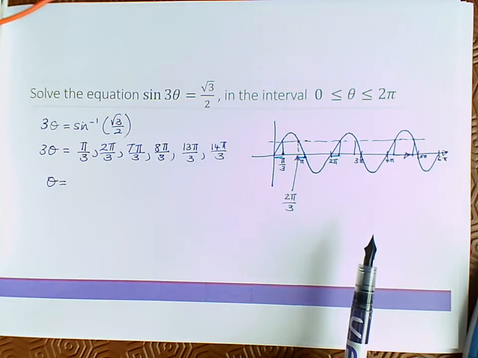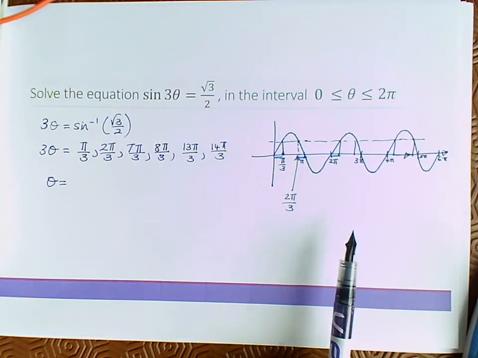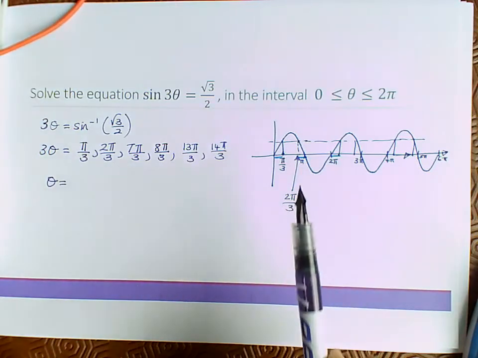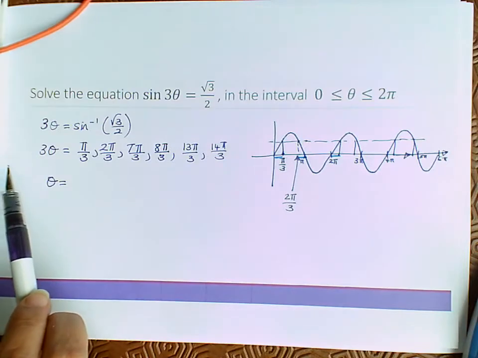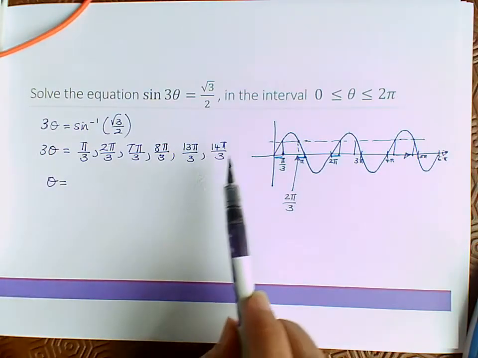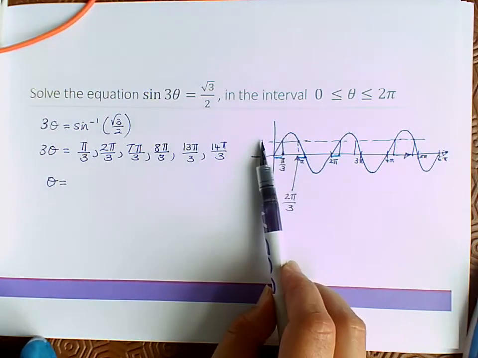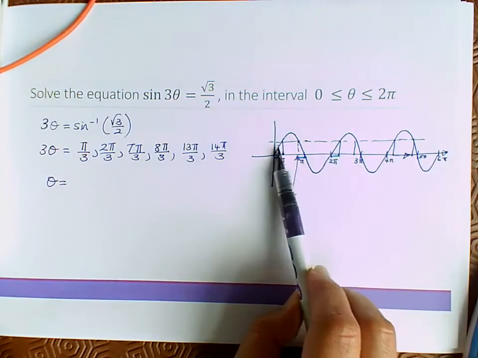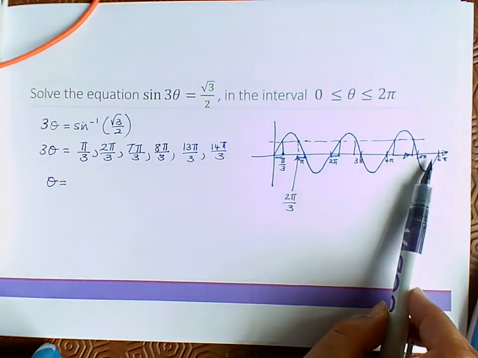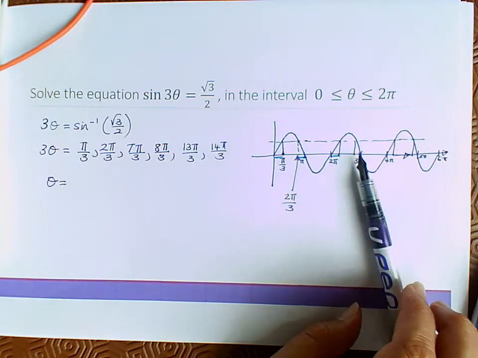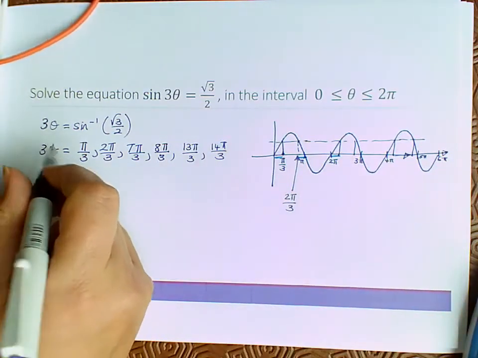No, it doesn't, I've just checked. But if you want to divide by 3 at the end, you'd have to draw the graph of 3 theta, whereas this is the graph of sine theta. So dividing by 3 now.